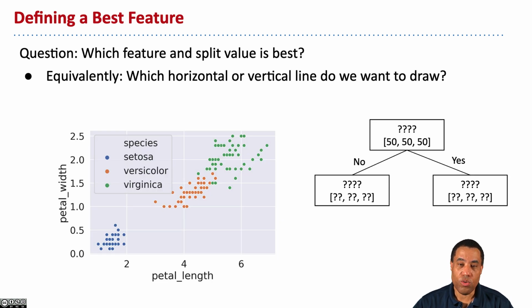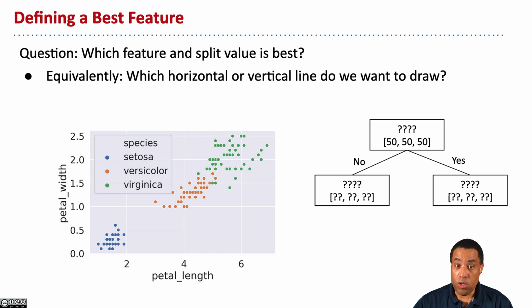Okay, so of course, if we're going to have to split on a feature, the question is, what is the feature which gives us the best split? And what should be the split value associated with that feature? Equivalently, the other way to think about this is if we're looking in 2 dimensions, petal width and petal length, what horizontal or vertical line do we want to draw?